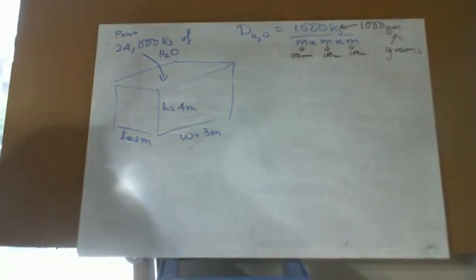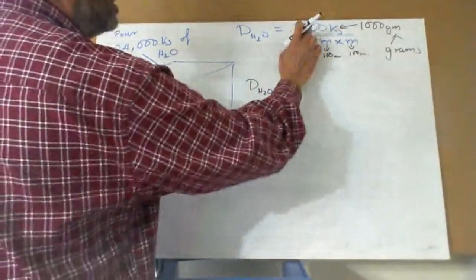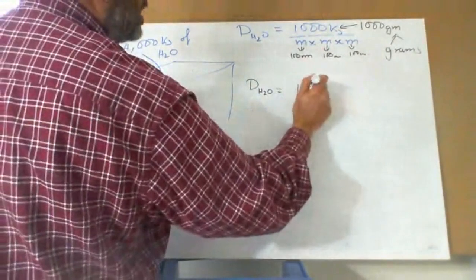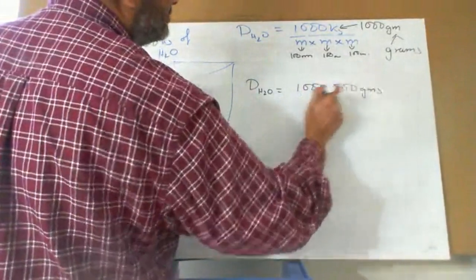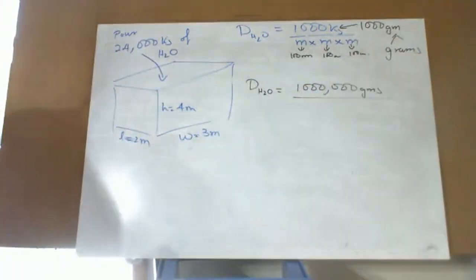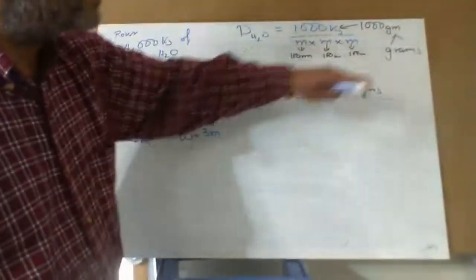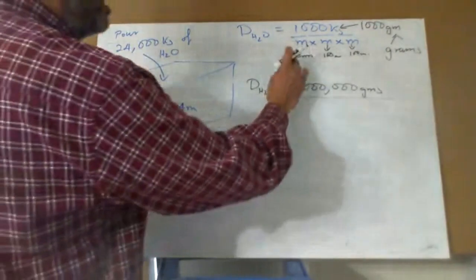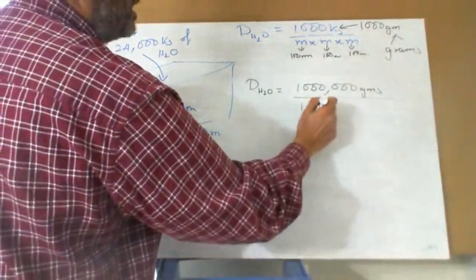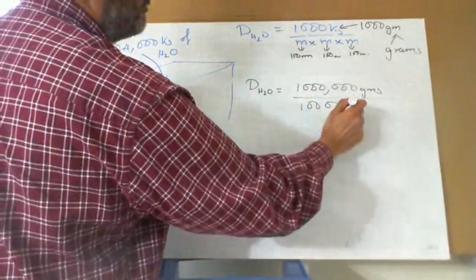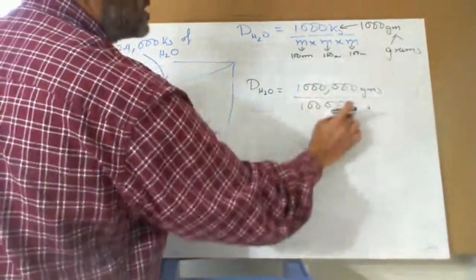Right? So what do you have? Density of water, 1,000 times 1,000 is 1,000,000. So 1,000,000 grams. Right? What about meter times meter times meter? So you have 100 times 100 times 100, that's 6 zeros. So you get 1,000,000, 6 zeros, right? 2, 4, 6.